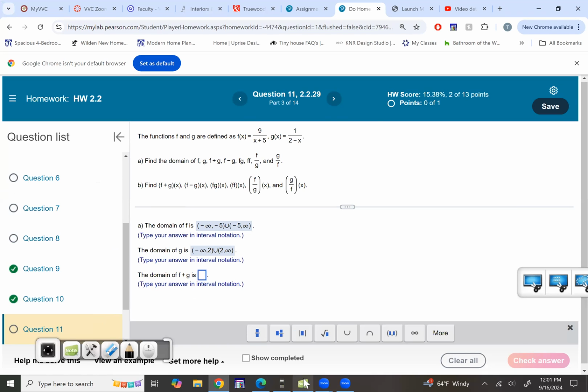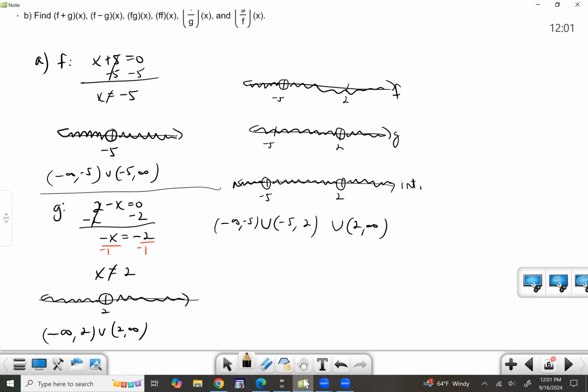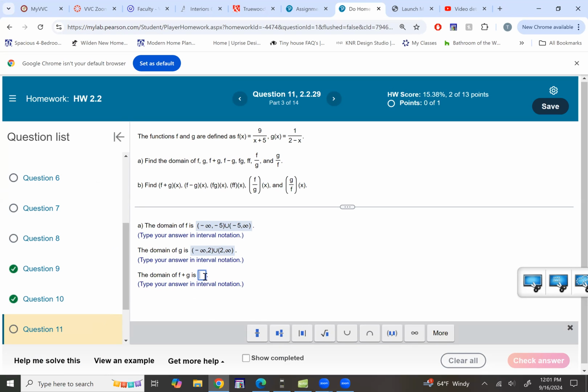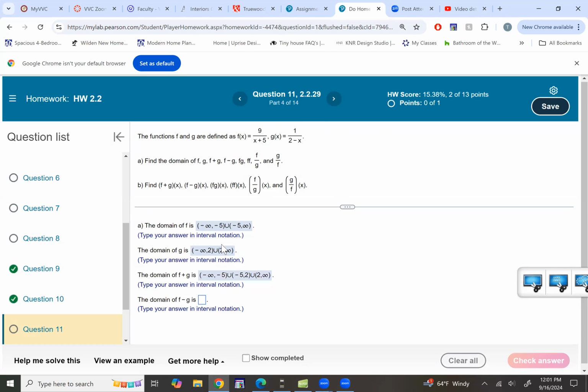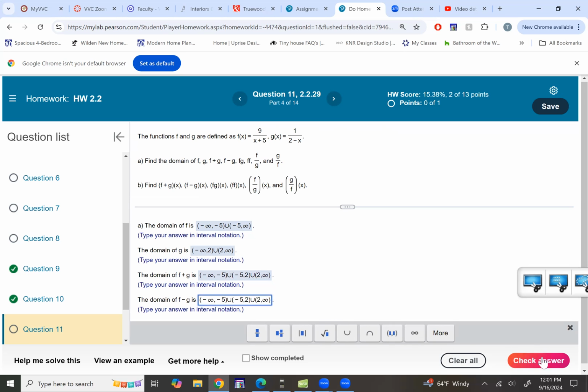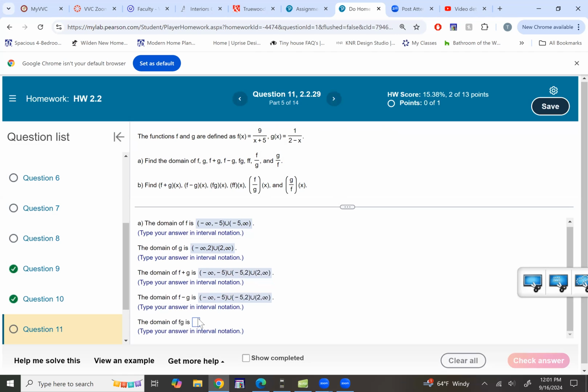And remember, that's going to be the answer for F plus G, F minus G, and F times G. Those are all the same. I'm going to copy it, Control C, because I know I'm going to be using it for f plus g, f minus g, and f times g.